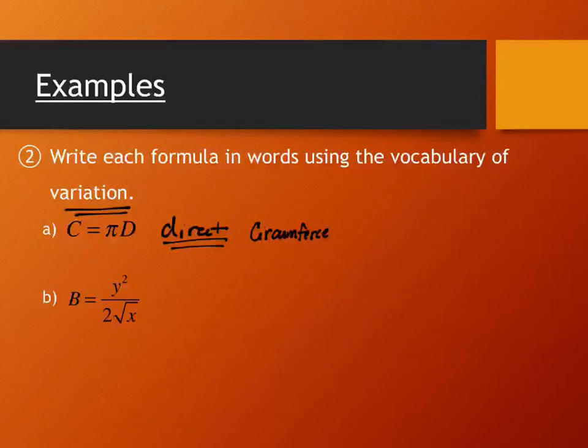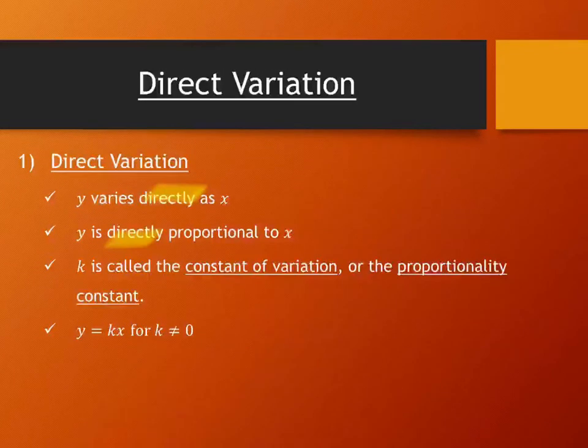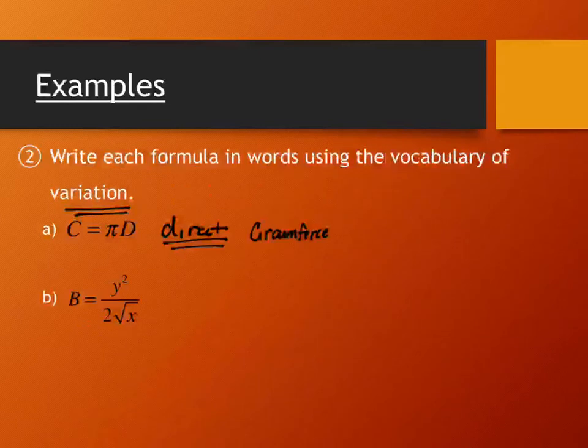And you have the choice. You can say is directly proportional or varies directly. You can use any of those language pieces over there for direct variation. Okay, so you can say varies directly or is directly proportional. Which one do you want to use? Varies directly. We'll go with that one. So circumference varies directly as the diameter, with respect to the diameter.